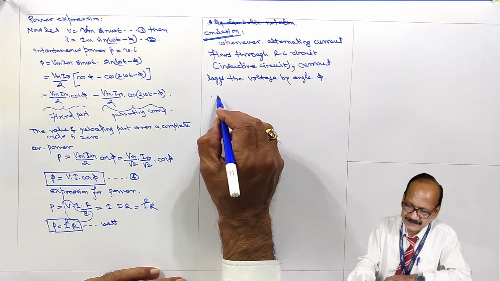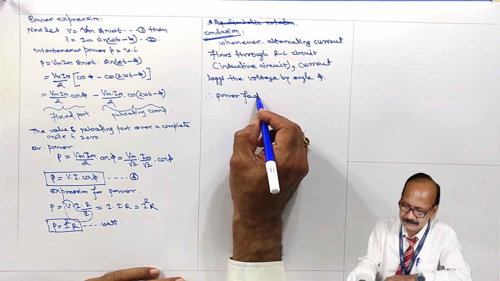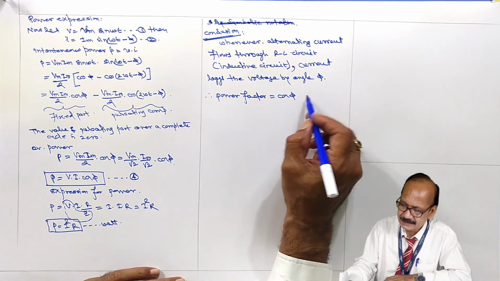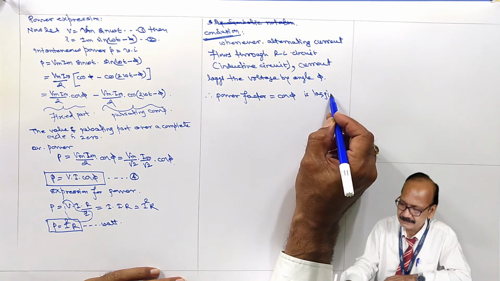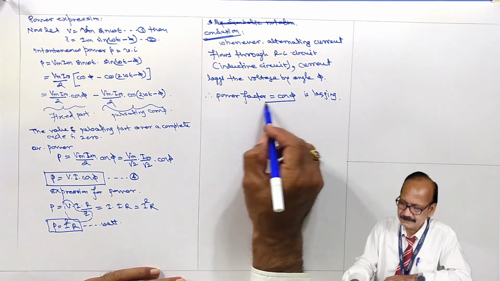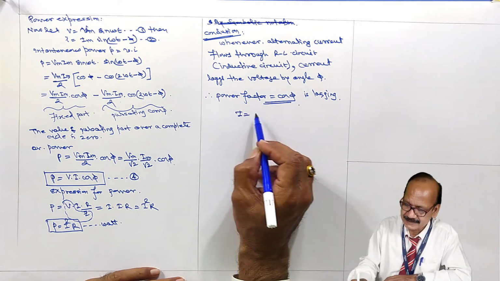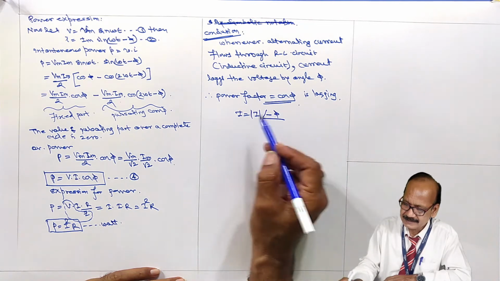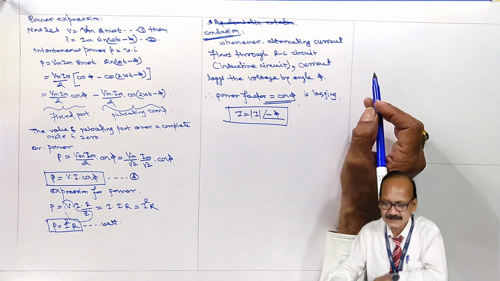Therefore, power factor equal to cos phi is lagging. Power factor is lagging, current is lagging, and current expression is mod I angle minus phi. This minus phi indicates that the current is lagging.